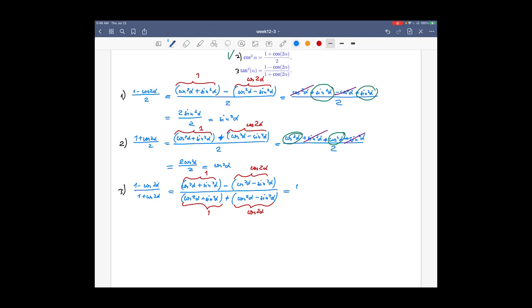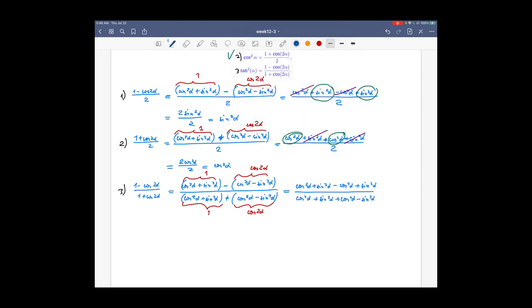Distributing, we get cosine squared alpha plus sine squared alpha minus cosine squared alpha plus sine squared alpha. And in the denominator, cosine squared alpha plus sine squared alpha plus cosine squared alpha minus sine squared alpha.